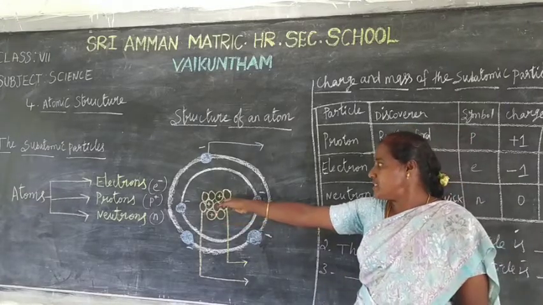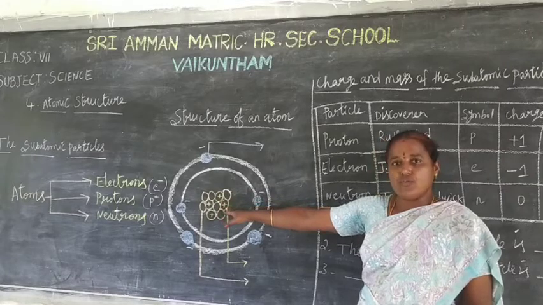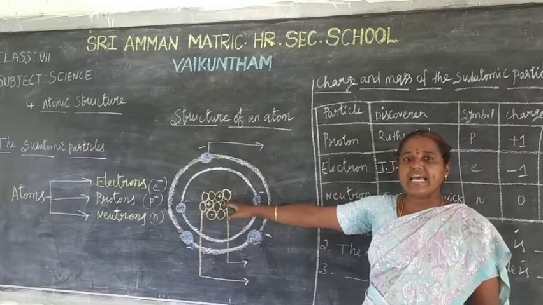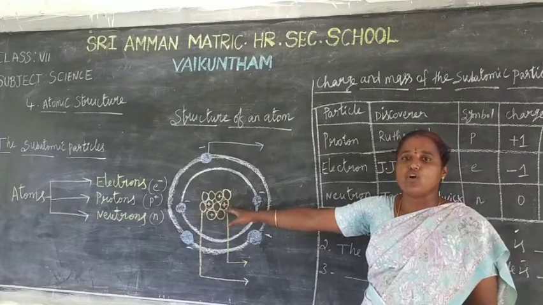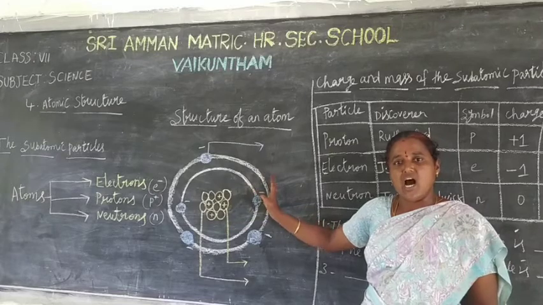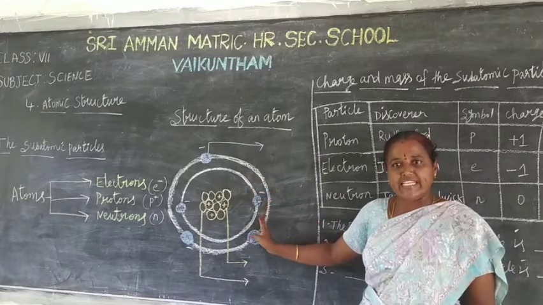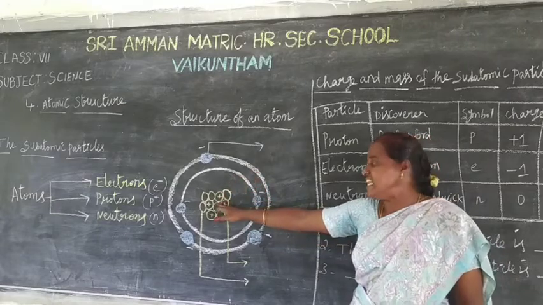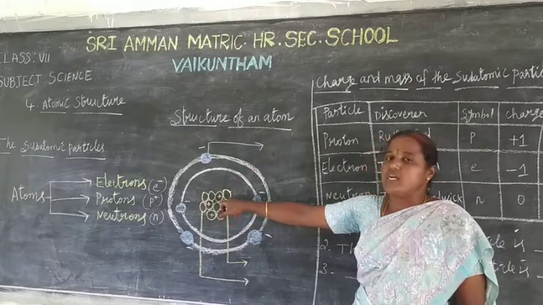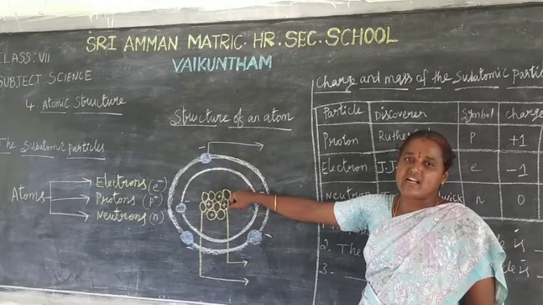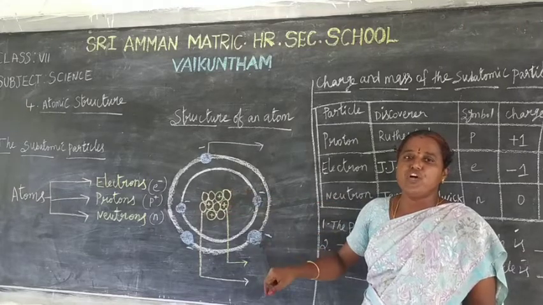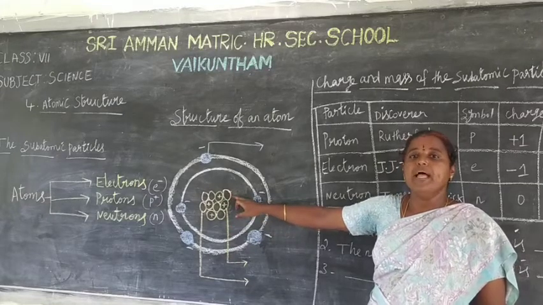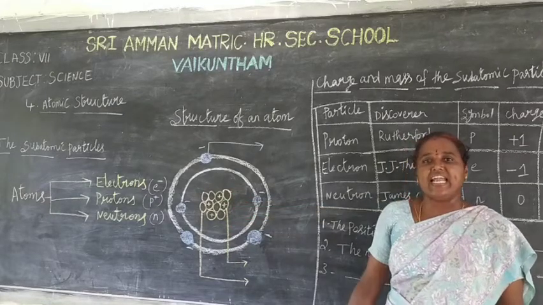They are called nucleons. The total negative charge of all electrons outside the nucleus is equal to the total positive charge in the nucleus, that is protons. The total number of electrons is equal to the total number of positively charged protons. That makes the atom electrically neutral.